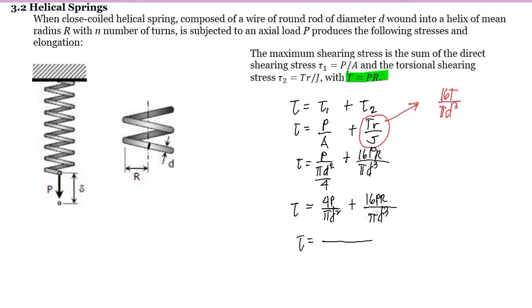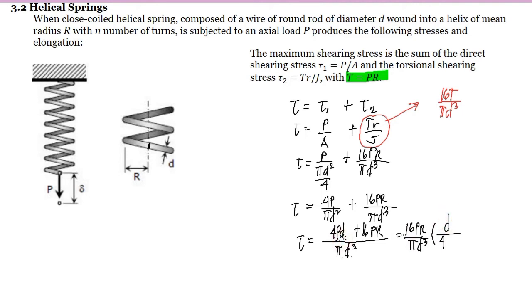And if we are going to take the common denominator, pi d cubed, this would give us 4P multiplied by the diameter plus 16PR. If we are going to factor out the 16PR over pi d cubed, then for the first term, 4 divided by 16 is 1/4, so that's over 4, and the P would be factored out, and we have here the diameter.